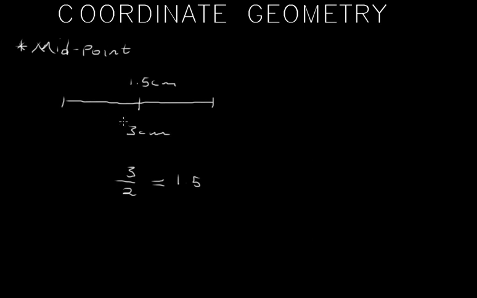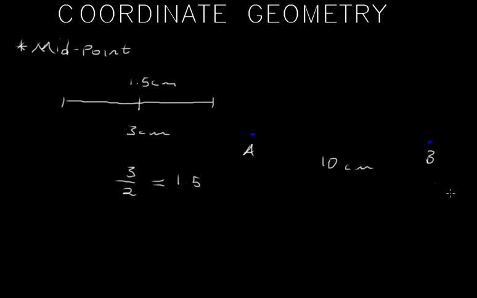So now let's assume we're given 2 points. We're given a point A as a starting point, and another point, point B, and you're told the distance between these 2 points is 10 centimeters.